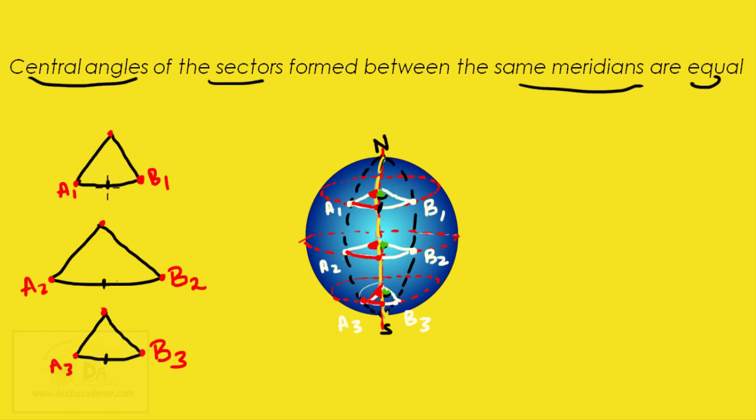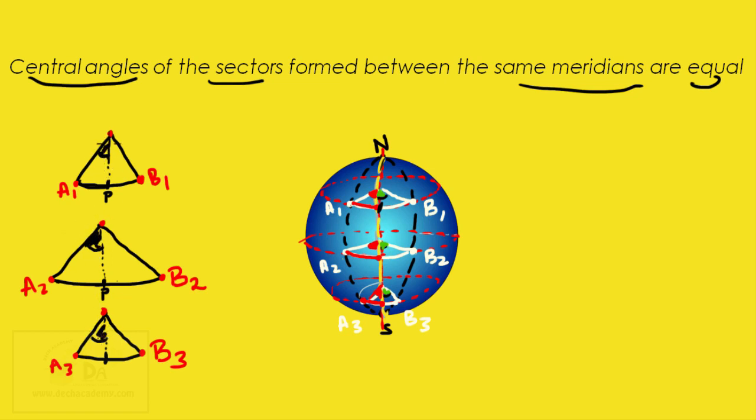Now, if one moves from this prime meridian, so I'll just call that P, to this point, an angle is being covered, and that angle is equal to this angle. Same thing here is the prime meridian. An angle is being covered as one moves from P to A2. Same thing here. An angle is being covered, and these angles must be equal. Why?